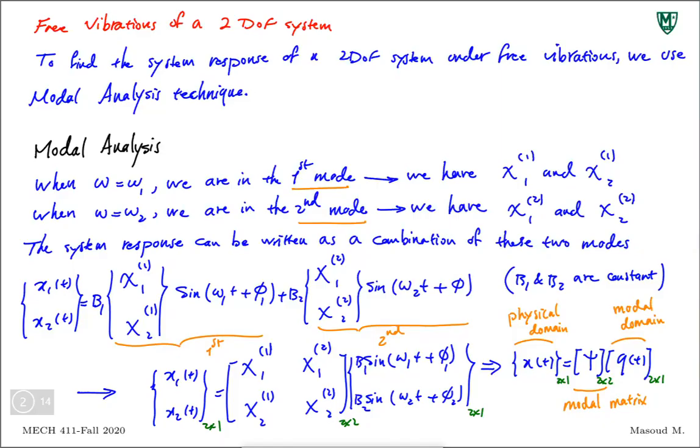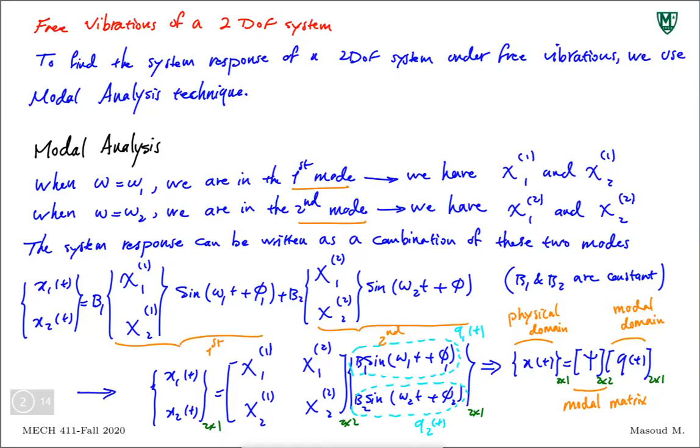It transforms the coordinate system, in this case x1 and x2, to a new coordinate system. Call this one q1t and call this one q2t. So it transforms the coordinates from one domain to another domain.